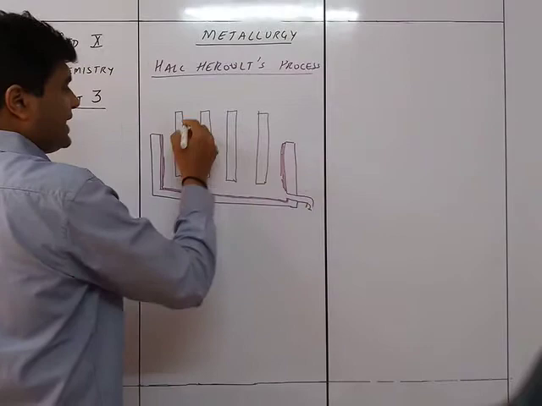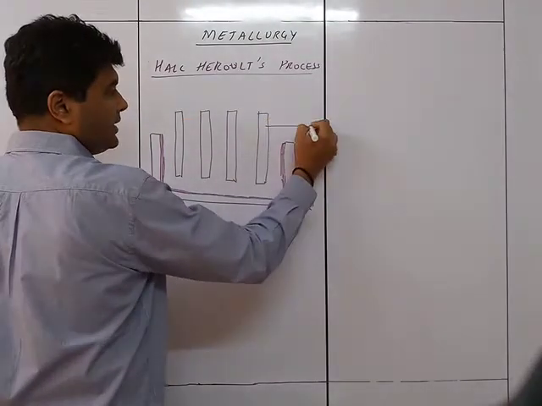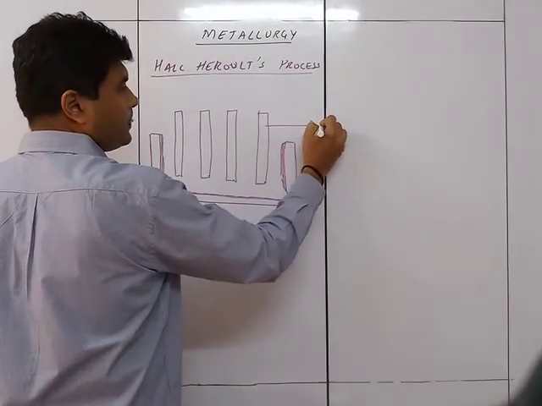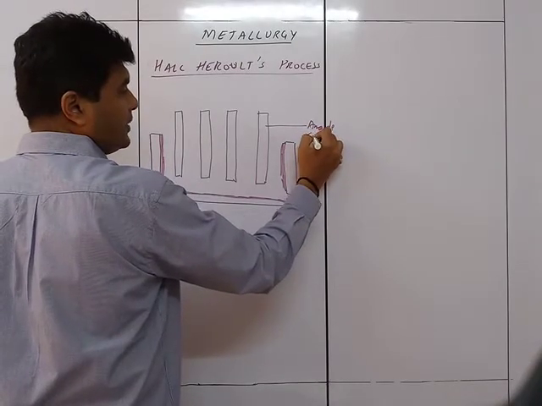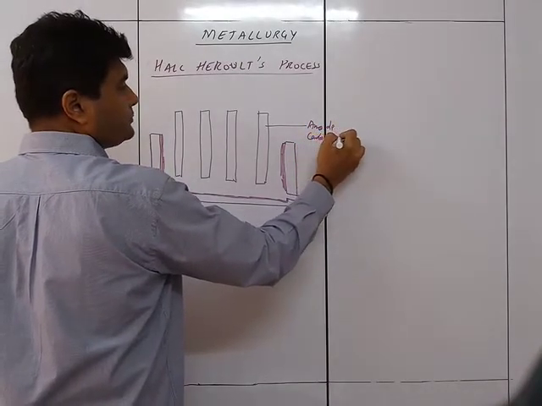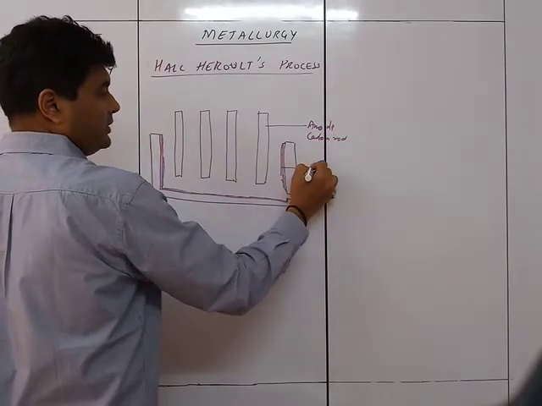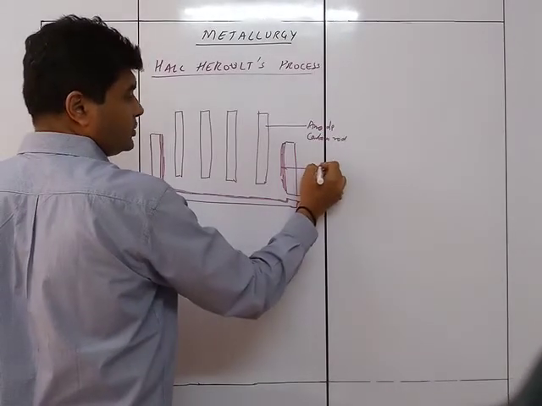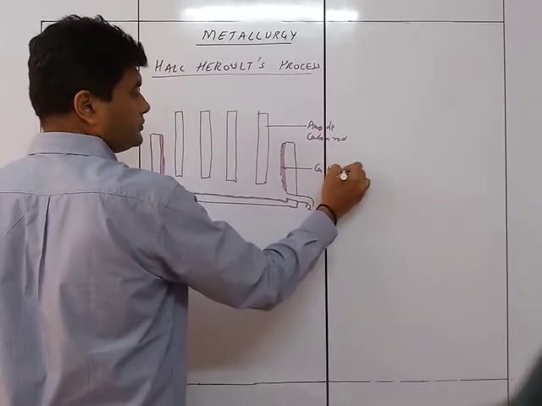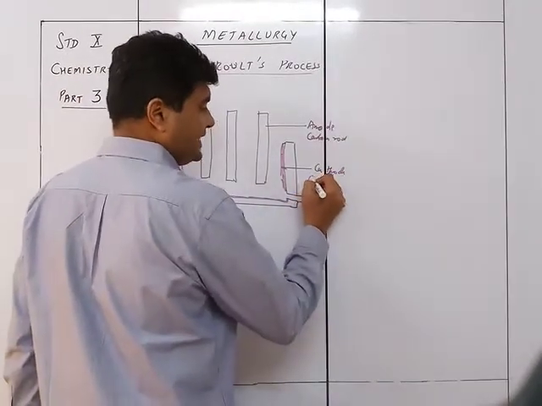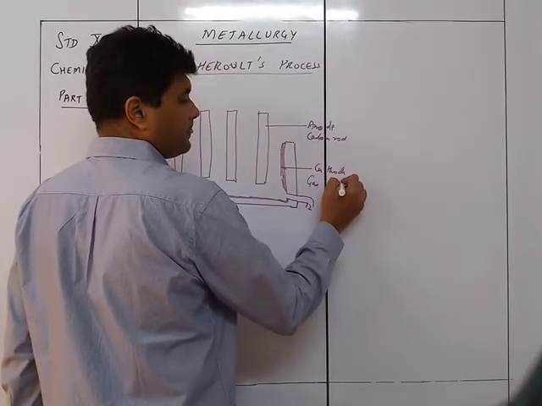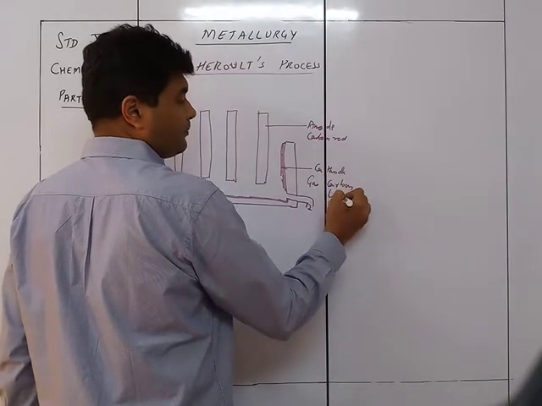So we can see that this is the anode, that is the carbon rod, and this is the cathode, which is nothing but the gas carbon lining.